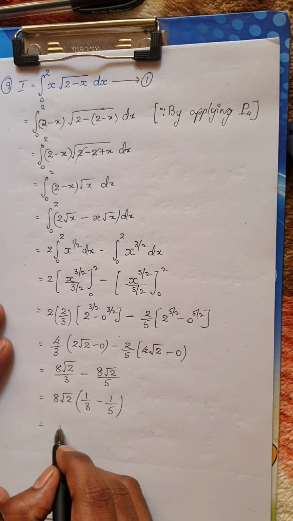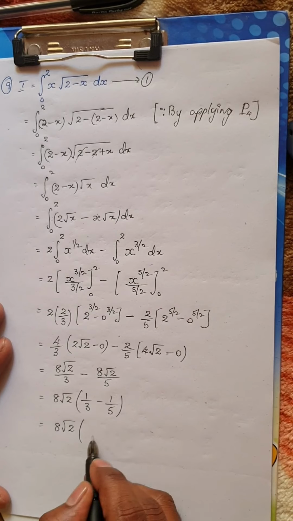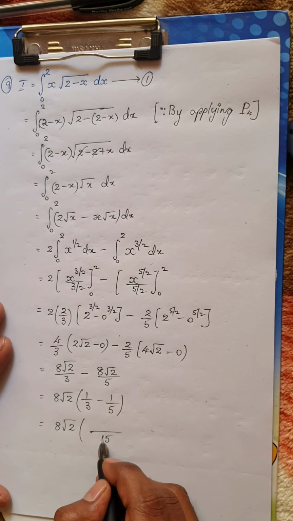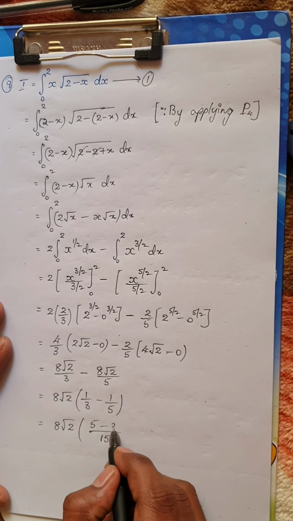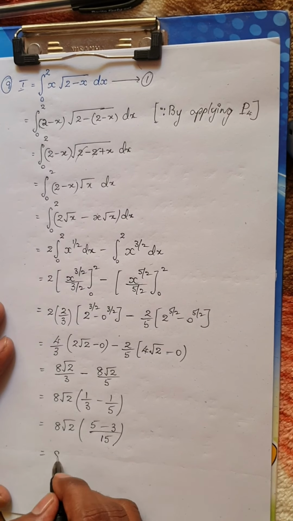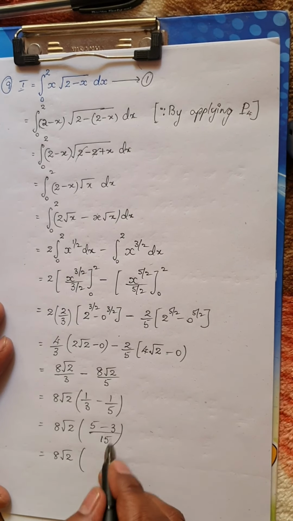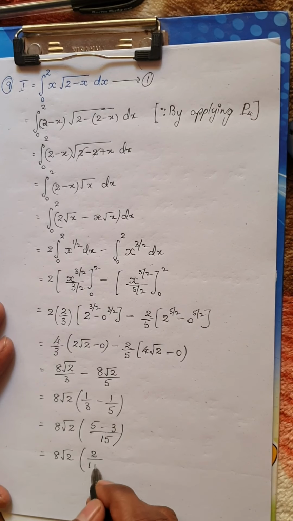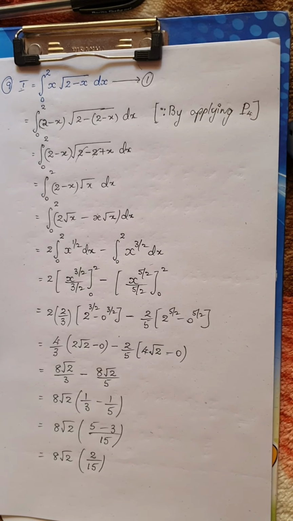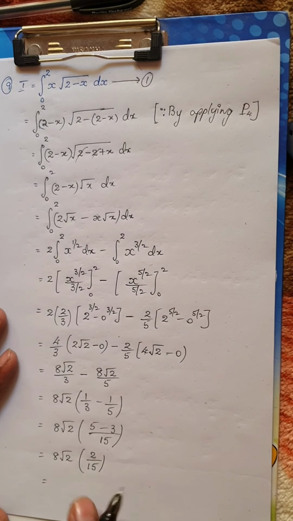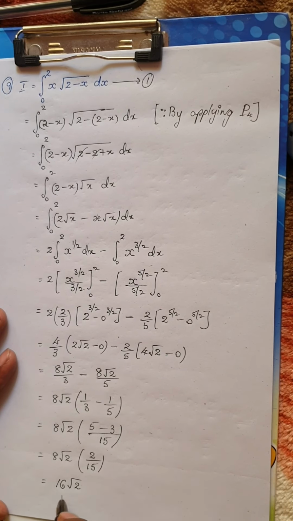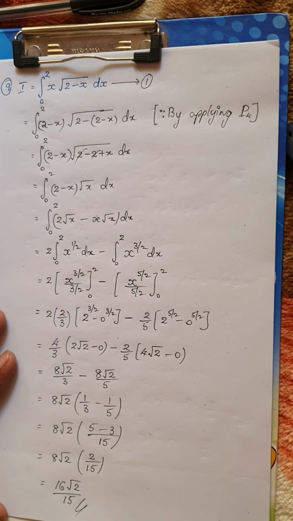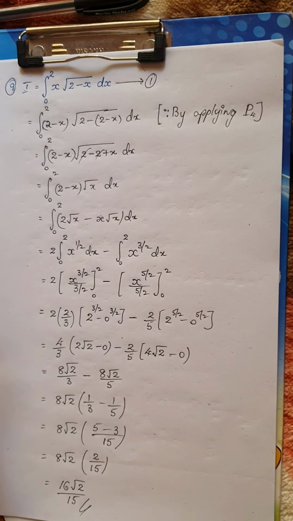So this is 8 root 2 into, the LCM of 3 and 5 is 15, so 5 minus 3 is 2 divided by 15. So the final answer, 8 2s are 16 root 2 divided by 15, is the solution for the given integral.